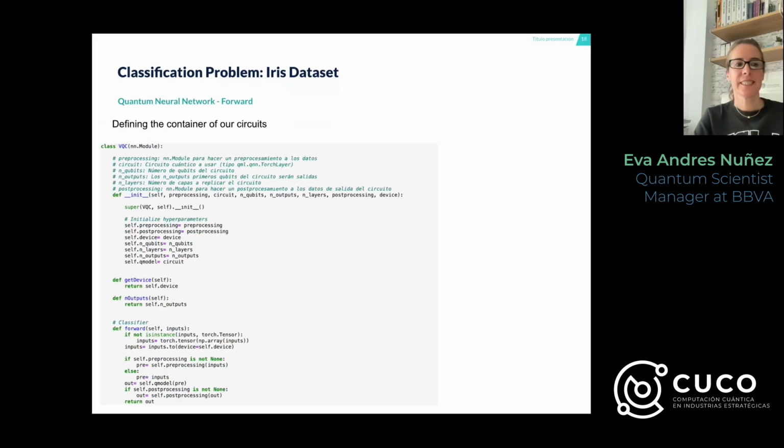So this is the class that will contain the circuits, the quantum layers, and also include, if you remember, a pre-processing and post-processing step that have to be executed in the classical hardware. The forward contains the pre-processing before invoking the model, and after that applies a post-processing of this output.